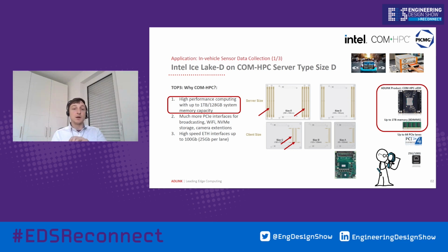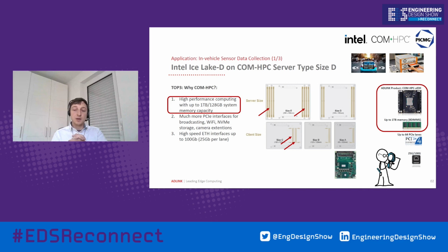The COM-HPC client comes in 3 footprints: size C, size B, and size A. In direct comparison, I put there the COM Express Basic just to give you a feeling for its size. Size A basically equals COM Express Basic, and therefore there's just very little market overlap, right?